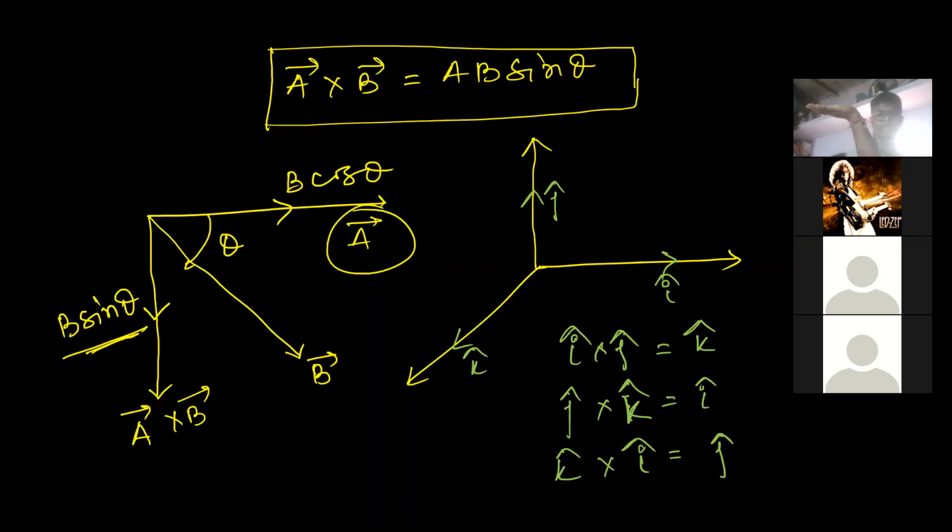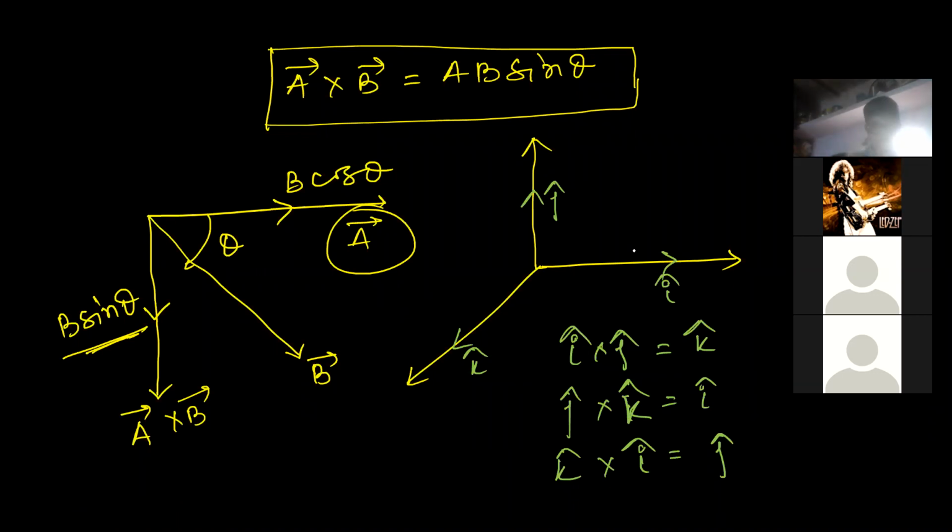So initially the process was like this. We inclined our hand with respect to the I cap, and now we have moved our fingers this way. That means I cap is multiplied with this j cap and I am getting the k cap. Again, I am moving in this direction.